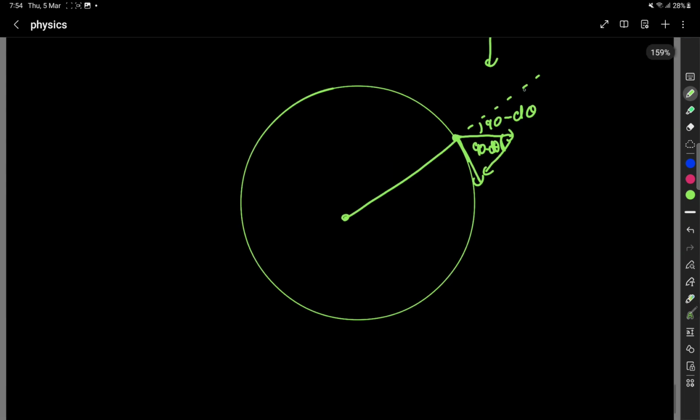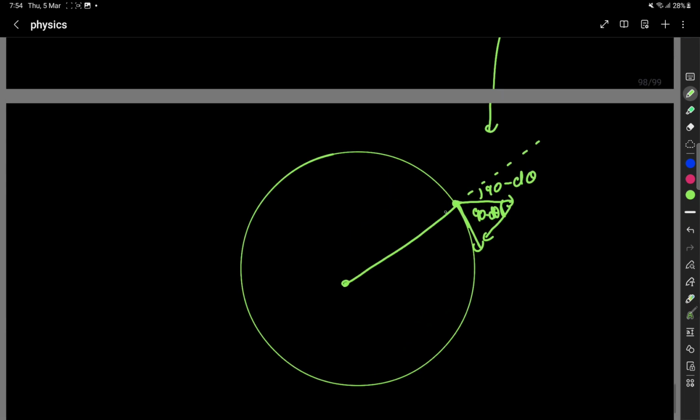That is from the triangle. So this one and this one, by this line the angle is the same. This implies parallel lines.